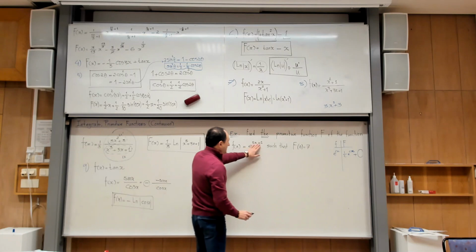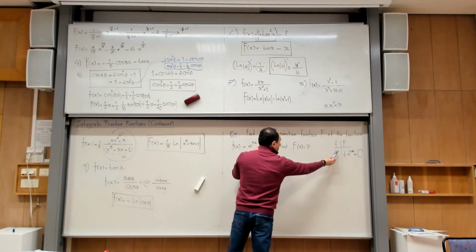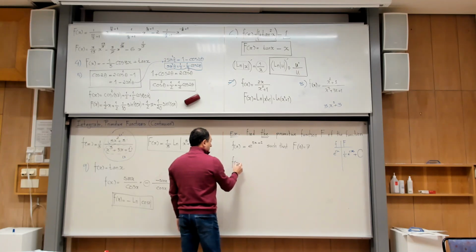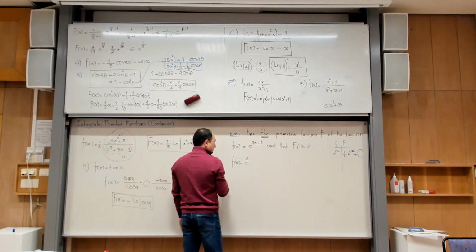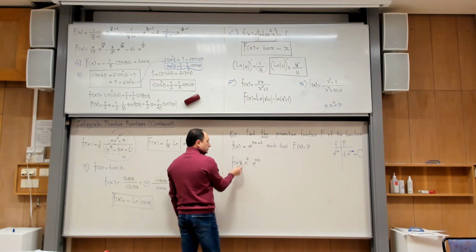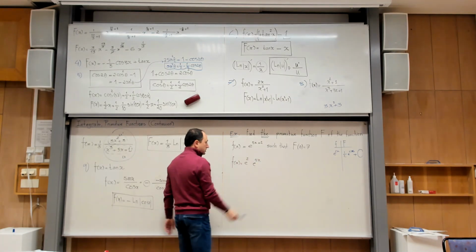But this is not exactly what you see here, because I have an extra 2, so the trick is to change it into this form: e to the power of 2 multiplied by e to the power of 5x. This shouldn't bother you, because that's a constant. E to the power 2 is a number.